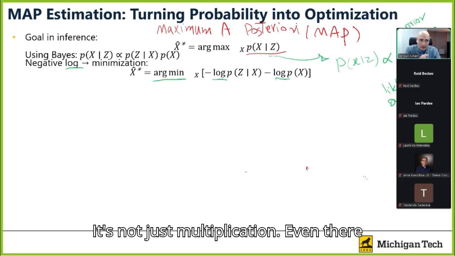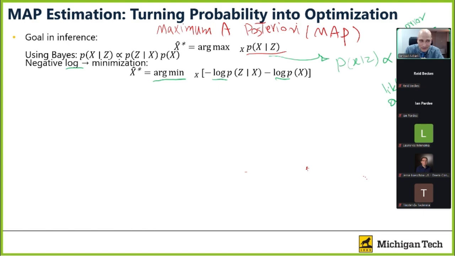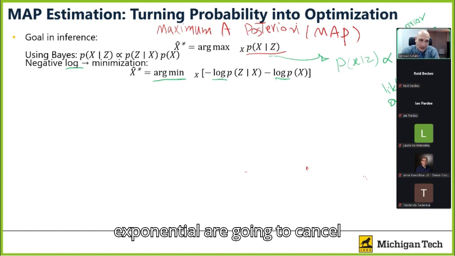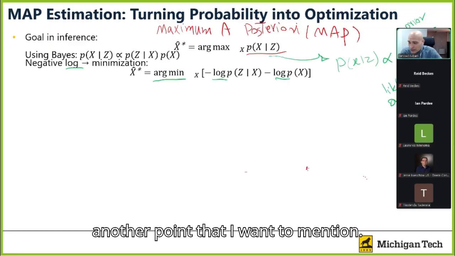It's not just multiplication; there is also the exponential family. The exponential family and log are friends too, because the log of an exponential cancels out. That's another point I want to mention.